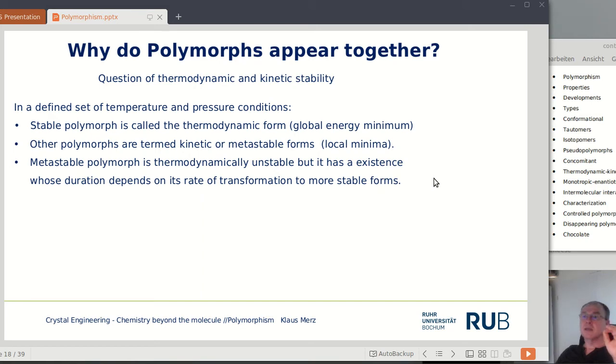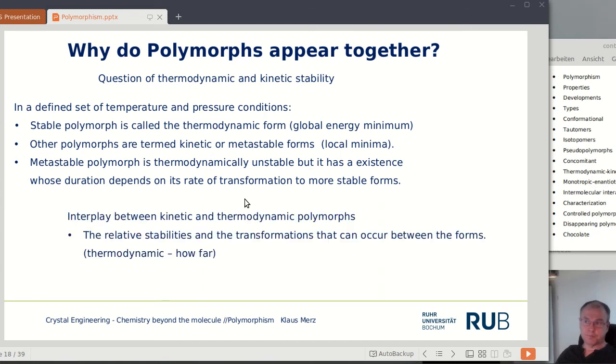It depends on temperature, pressure, and it depends on the rate, how quickly or slowly it can be transformed to the most stable polymorph form. That is the reason for the question of thermodynamic and kinetic stability.